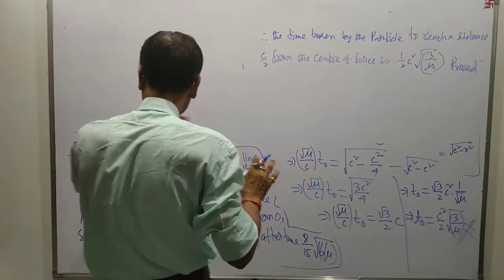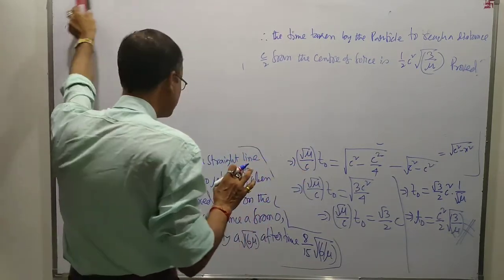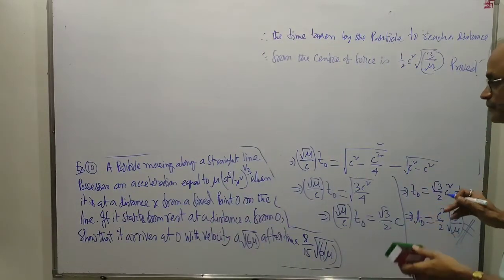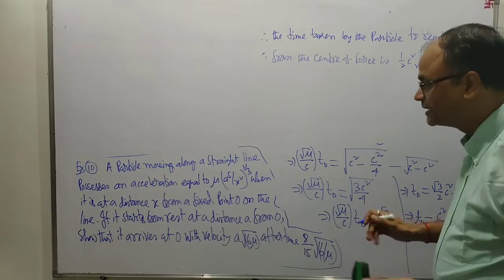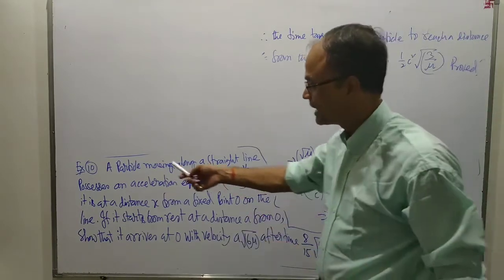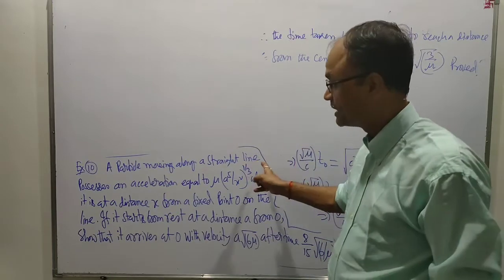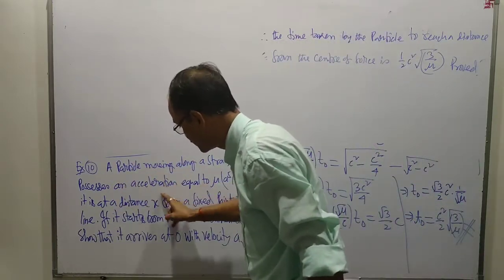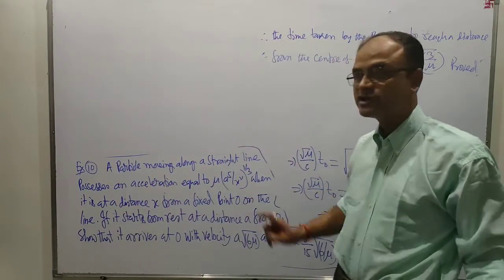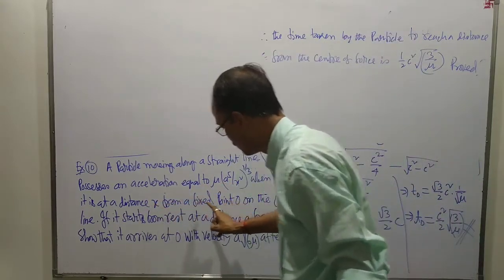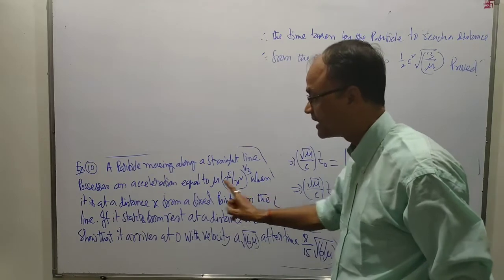Now I am going to solve the question number 10. Right now. What is it? A particle moving along a straight line possesses an acceleration equal to this when it is at a distance x from a fixed point O on the line.